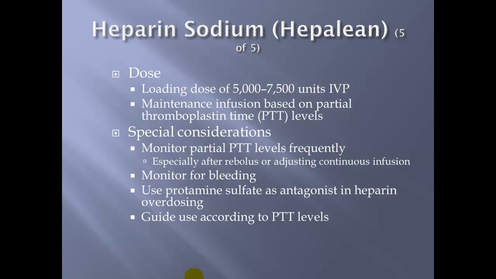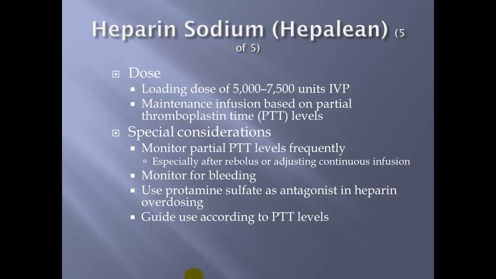Dose on this, loading dose is going to be 5,000 to 7,500 units IV push. Maintenance infusion is based on the partial thromboplastin time, and this is going to take a coagulation study. So this is generally done in a heparin sodium tube or a light blue tube. Special considerations on this: monitor the PTT levels frequently, especially after rebolus or adjusting the continuous infusion.